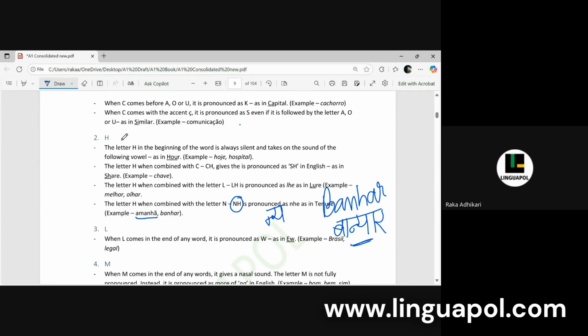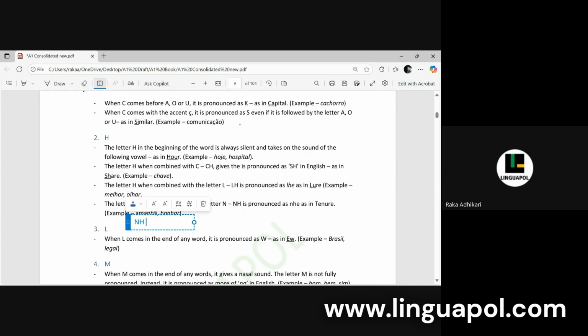Let's look at more examples. Okay, for example, a very common word, minha. Minha means my. Common word, senha. Senha means password. Vinho.